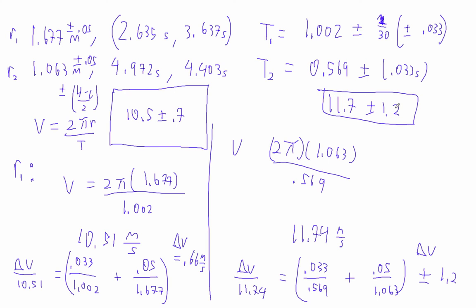If we take 11.7 and subtract 1.2, don't we have 10.5? So these actually overlap. I have not disproven the constant velocity model, and that's really all we can do, is disprove something. So, happy hunting. The basic formula is just v is 2 pi r over the period, and the period will be the difference in those times. All right, good enough.